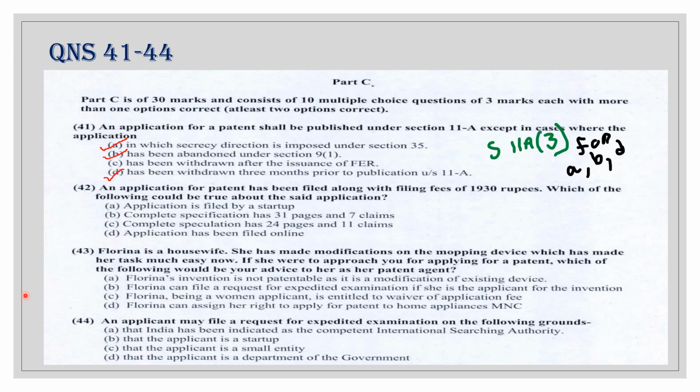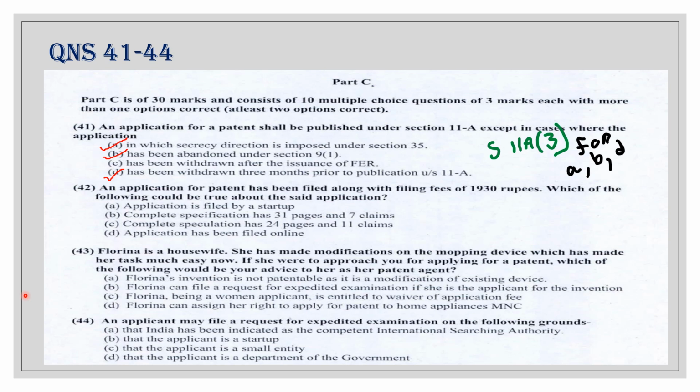We have to think that way. So here option A is application is filed by a startup. Option B is complete specification has 31 pages and 7 claims. Option C is complete specification has 24 pages and 11 claims. Option D is application has been filed online.